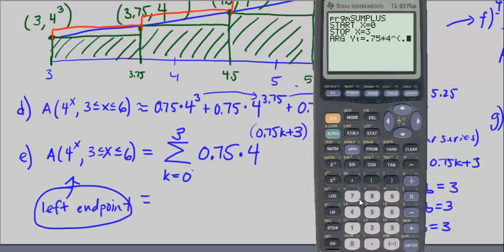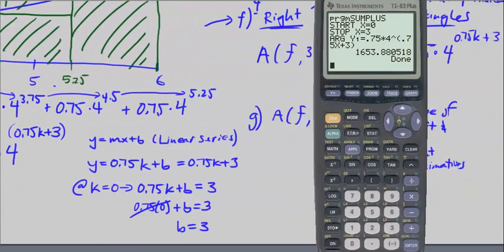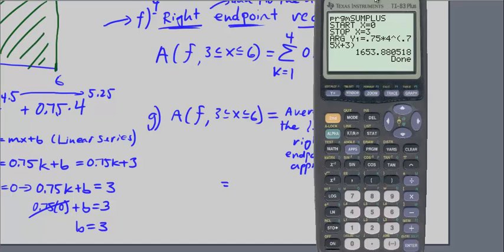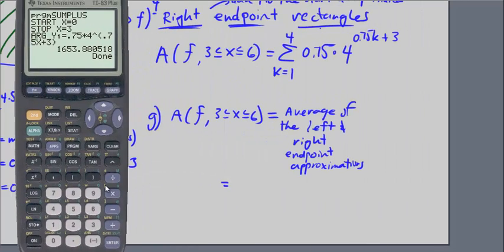So instead of k, we use x, 0.75x plus 3, close the parentheses. Okay, so this is approximately 1,653.88 units squared.